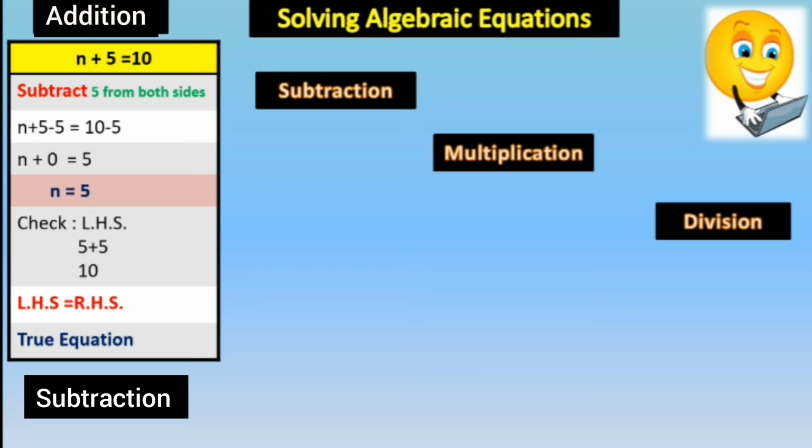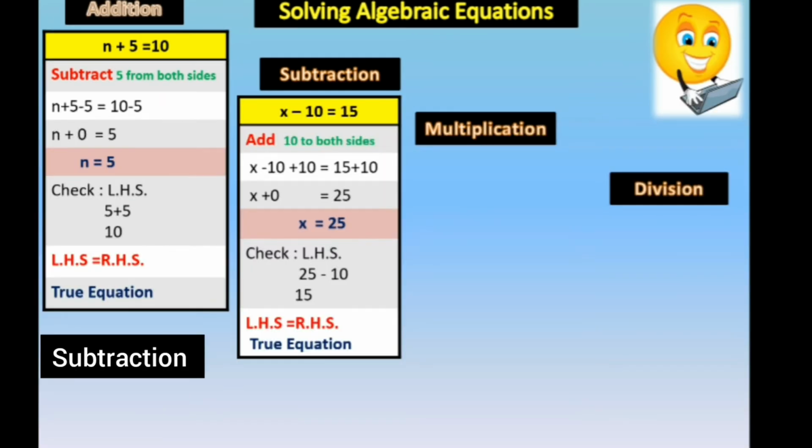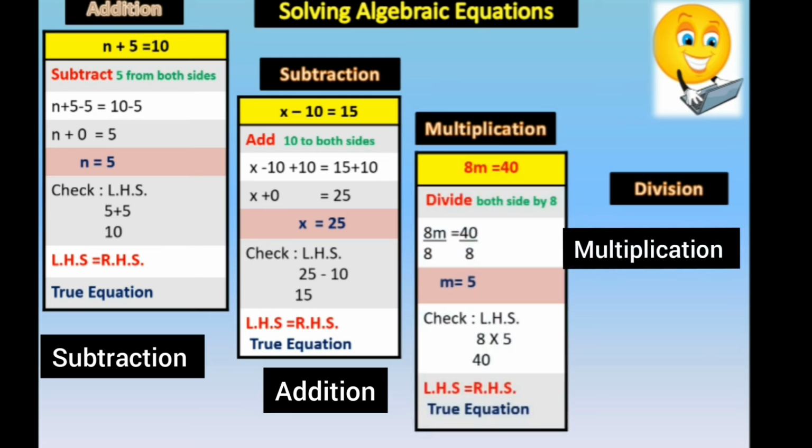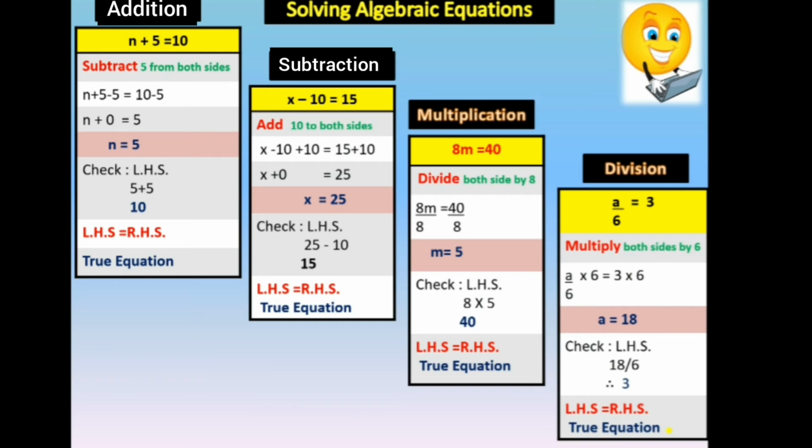Where there is an addition, we do subtraction, and where there is a subtraction, we do addition. That means we are doing the inverse of that. Similarly, when multiplication is there, we do division, and when division is there, we do multiplication. The inverse of multiplication is division and the inverse of division is multiplication.